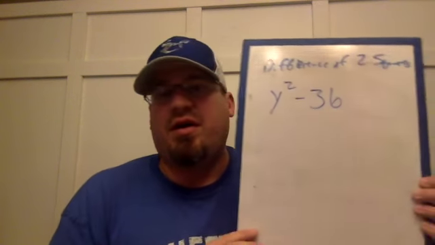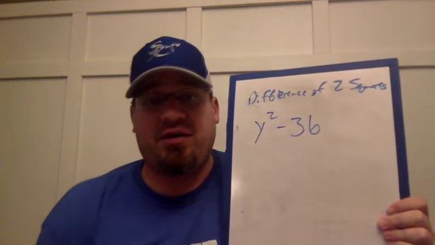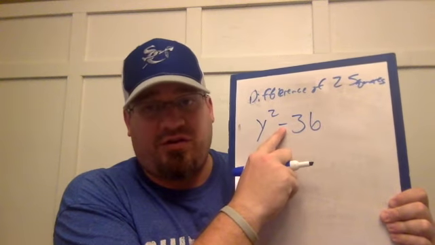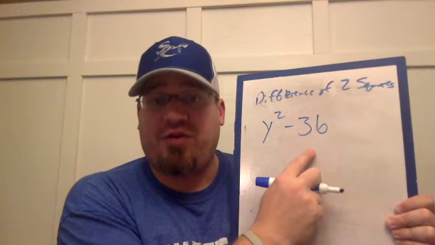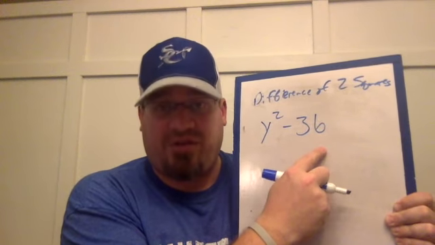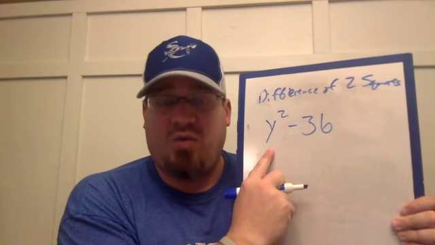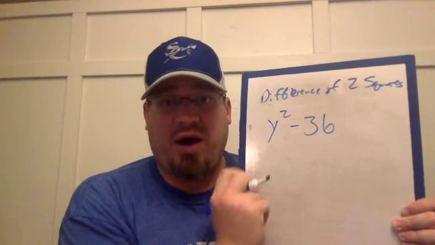If I have y squared minus, we'll do 36. Again, this fits my criteria because I have the difference, two values, and both of the values are perfect squares. 36 is 6 times 6, and y squared is y times y.